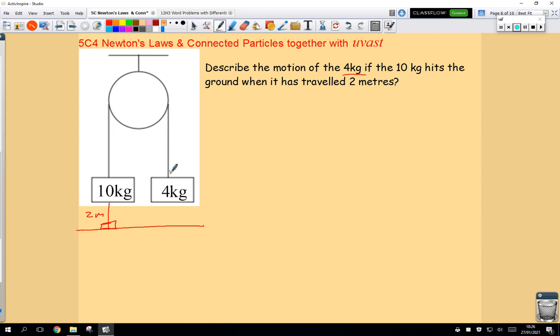In fact, the only force acting on the 4 kilogram mass will be gravity. So it is traveling vertically under gravity. The 4 kilogram essentially becomes a projectile at that moment.